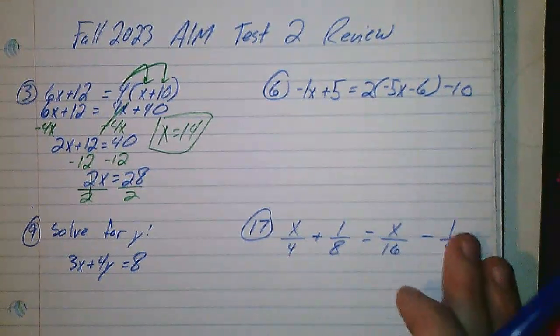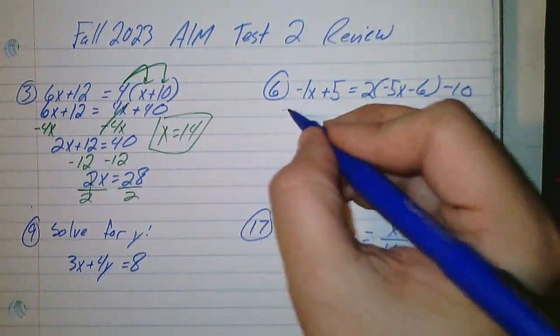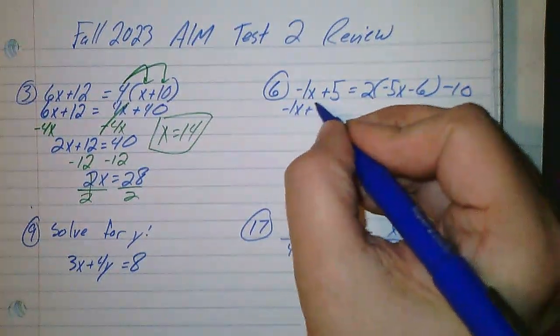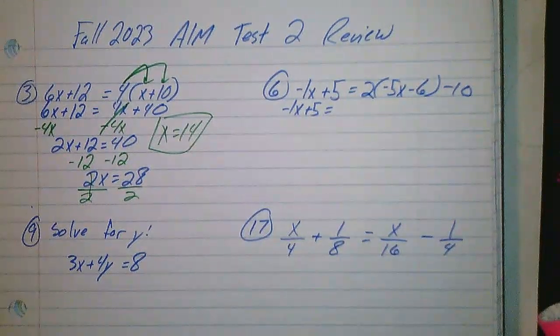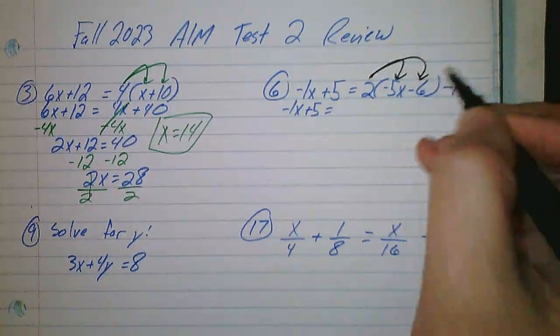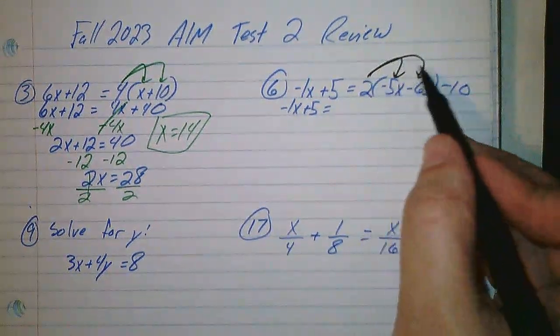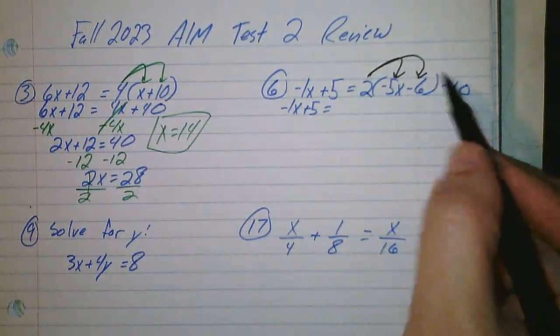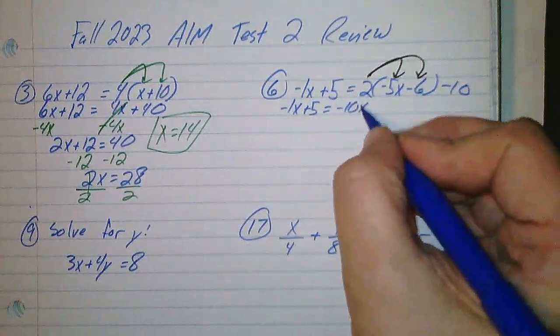On number 6, no like terms to combine over here, so we can just carry these down. Over here, I need to distribute this 2. Don't make the mistake of distributing past the parenthesis. The minus 10 will just carry down.